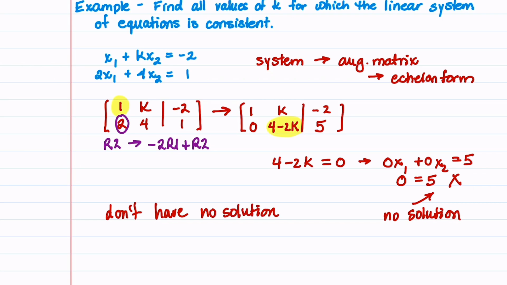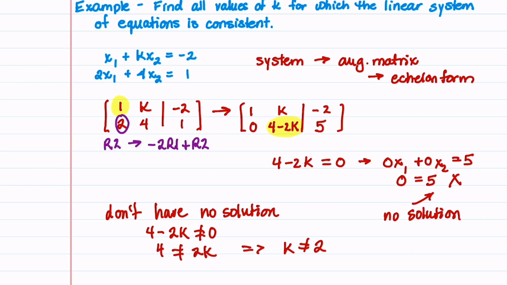I always tell my students that's kind of like thinking backwards. So that is going to tell us that 4 minus 2k cannot be equal to 0, or 4 is not equal to 2k, or k is not equal to 2.